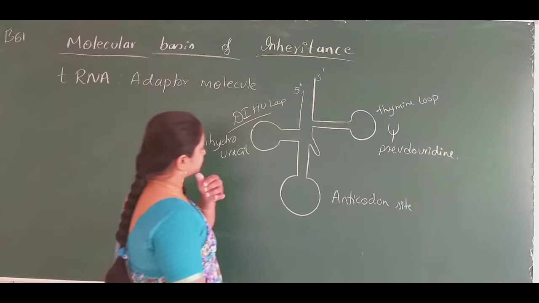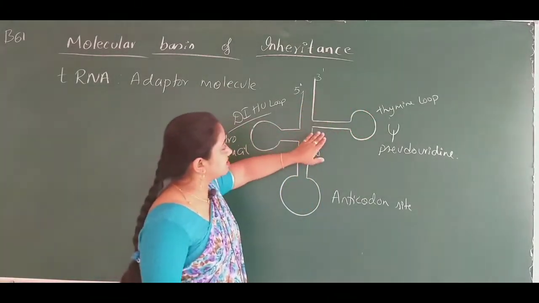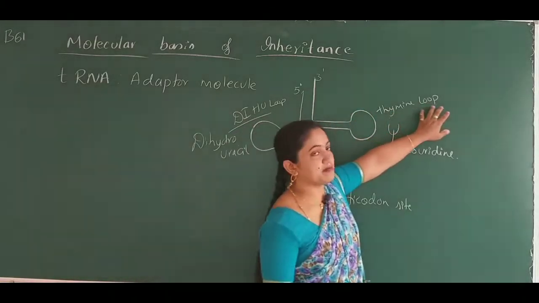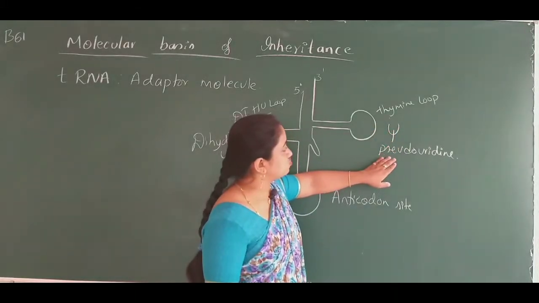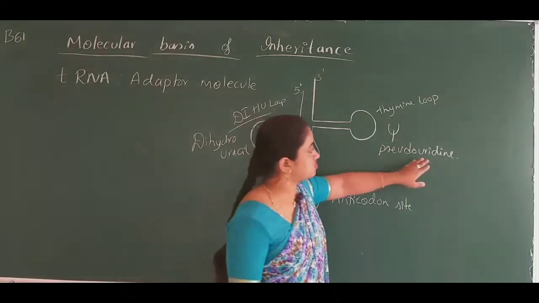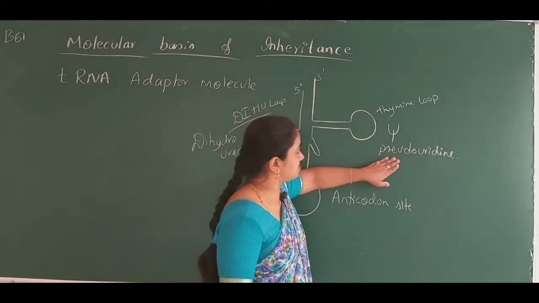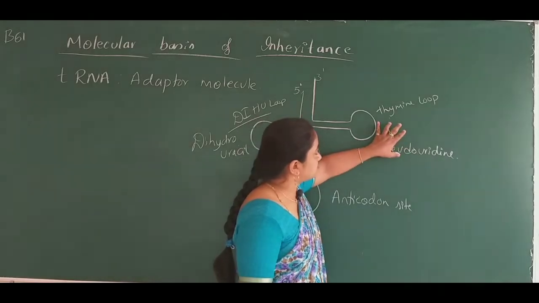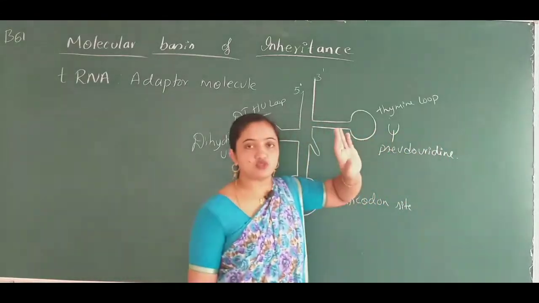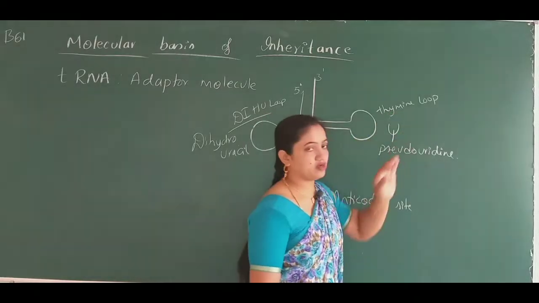Before, I wrote pseudothymine, but that is not correct. Just correct it: this symbol is known as pseudouridine. It's not pseudothymine, but the loop is known as the thymine loop.